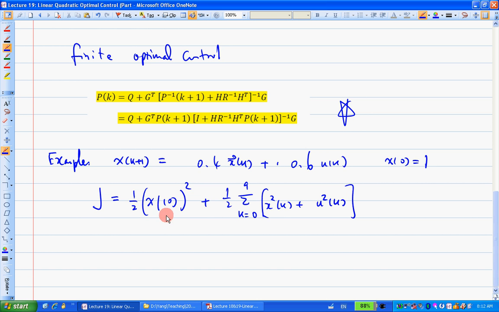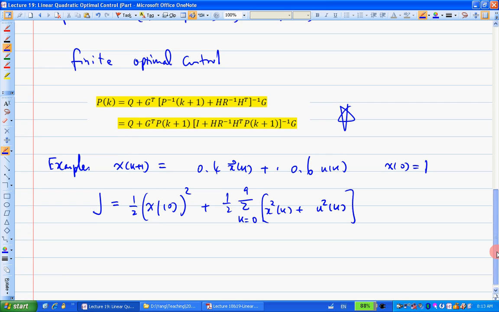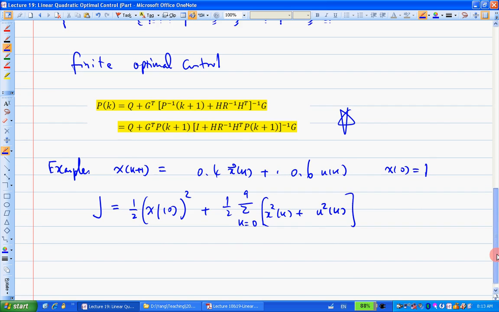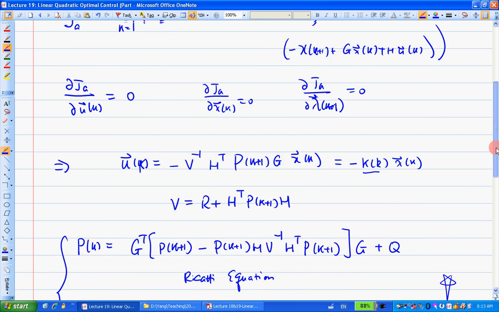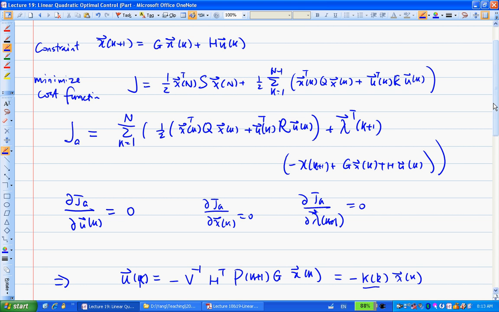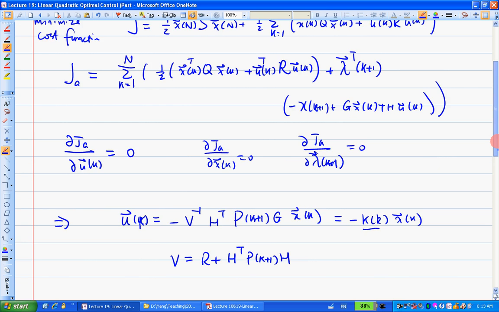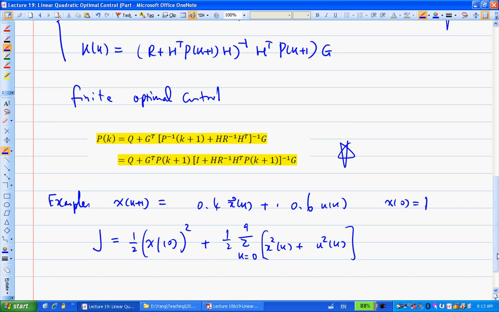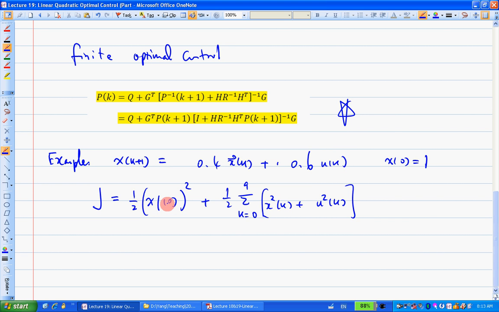So inspect this performance index here. Let's see how that looks compared to what we've been doing. Well, basically in this case, the S and the Q are the same thing. The N, capital N, is what? 10, right?